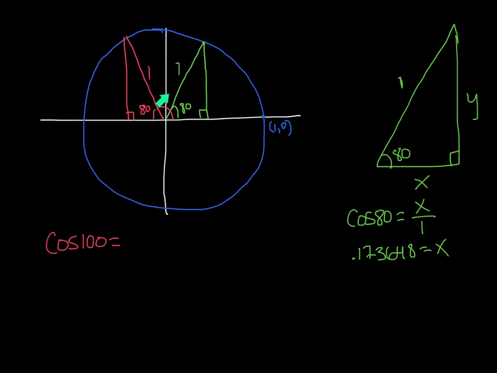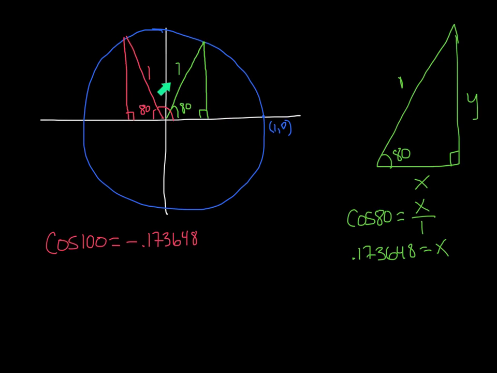Now that I've flipped over here into quadrant 2, my x values are going to be negative. So that cosine of 100 is going to be a negative 0.173648.